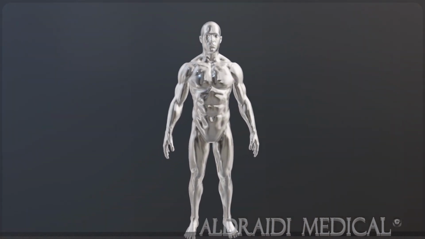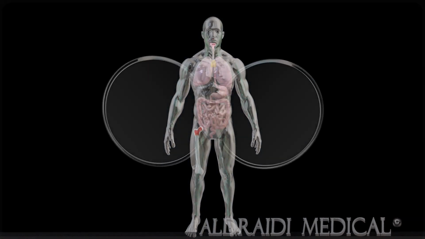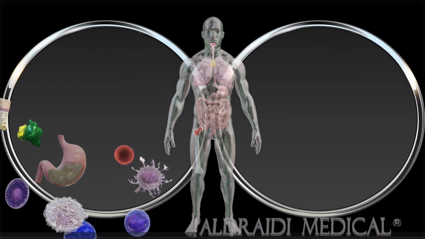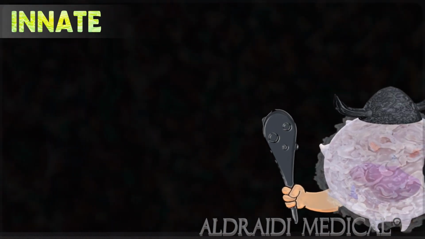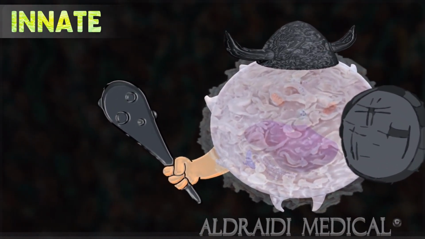The immune system is composed of two complementary responses: innate immunity and adaptive immunity. Innate immunity is the most ancient form of defense in our body.